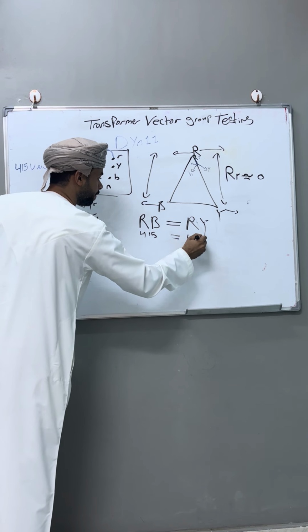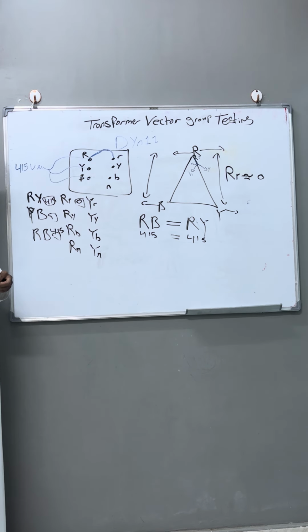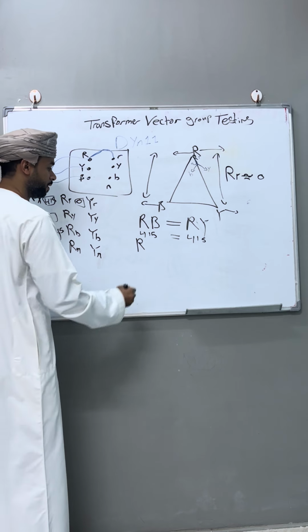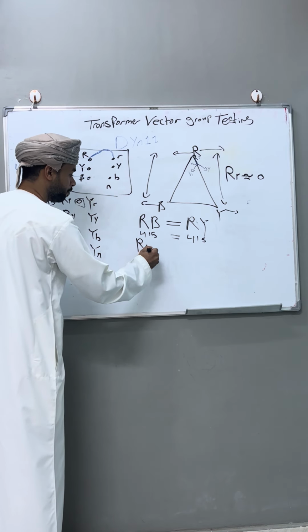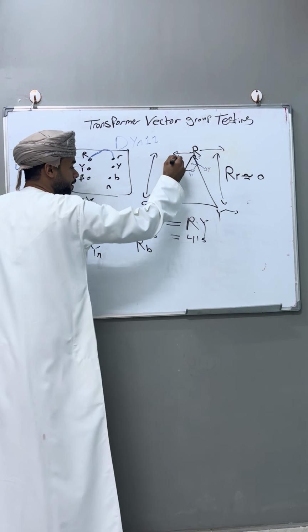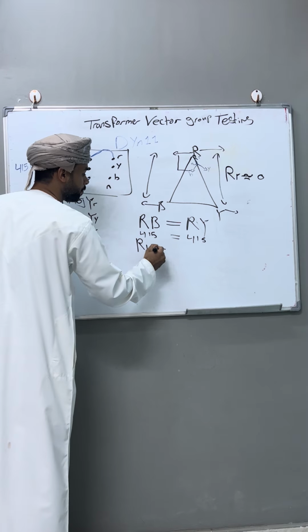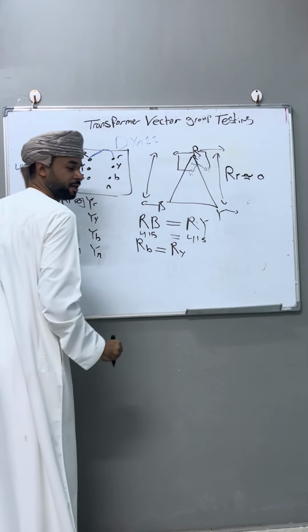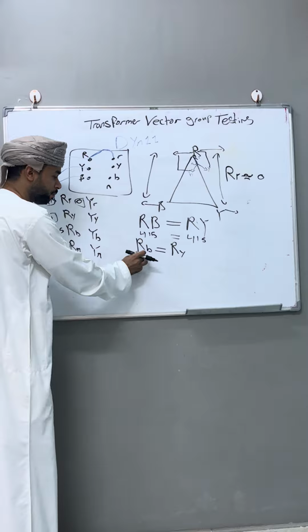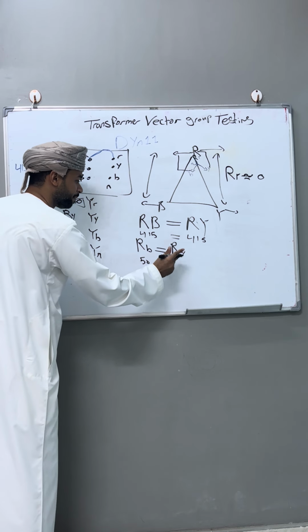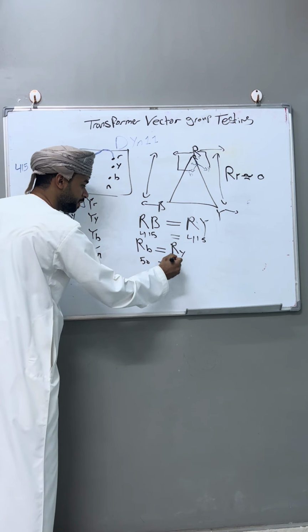Let's make another assumption. Last example, R capital to B small will be equal to R capital to Y small. For example, if RB small gives me 50 volt, then RY small will also be around 50 volt.